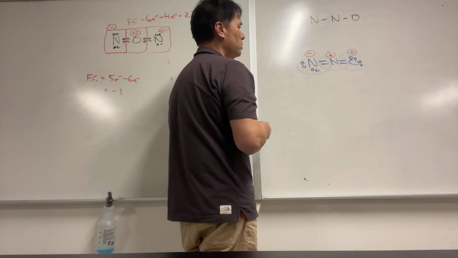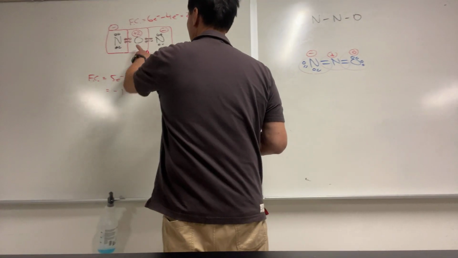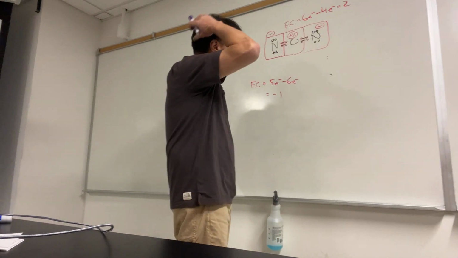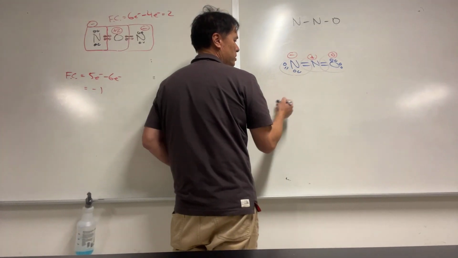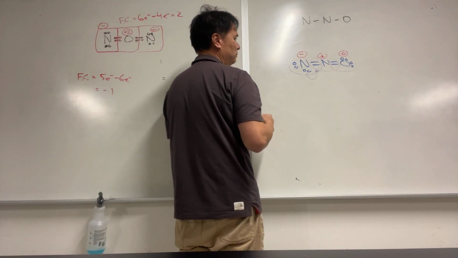Well, one alternative structure is, one way to reduce the formal charge. I should have tried it here, but I didn't, but I'll try it here. I'm going to try to get all zeros by making a triple bond here.